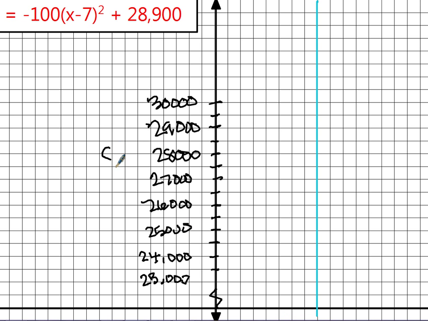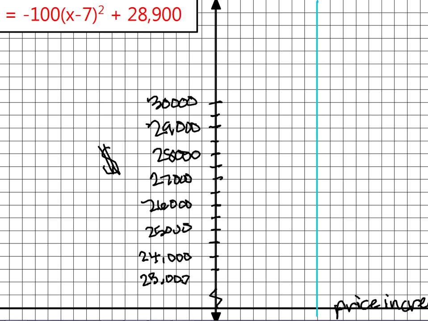Remember, our Y value is our revenue. This is how much money we're going to make. And the X axis was our price increase in dollars. So first of all, we have our axis of symmetry here at x equals 7.